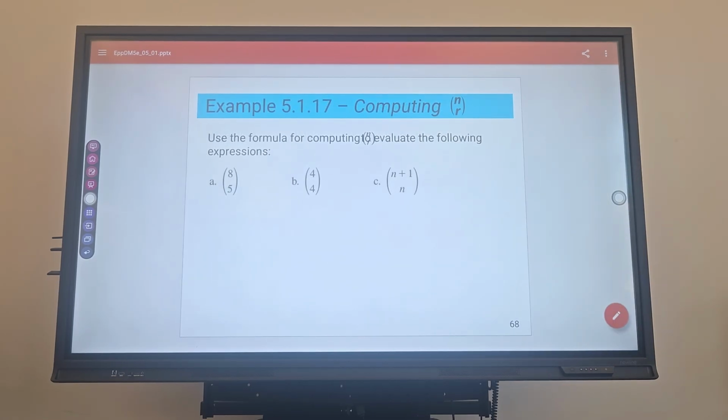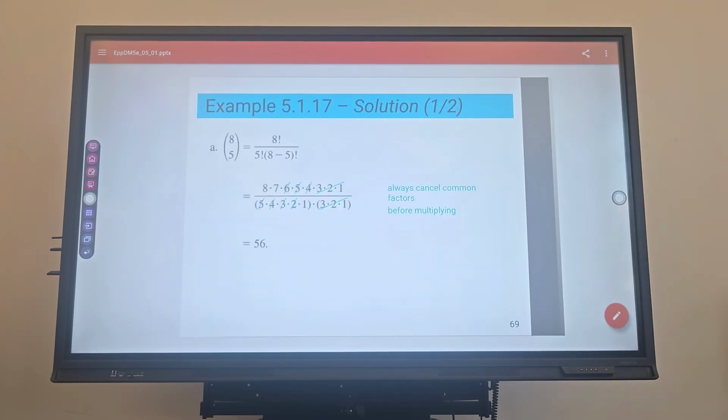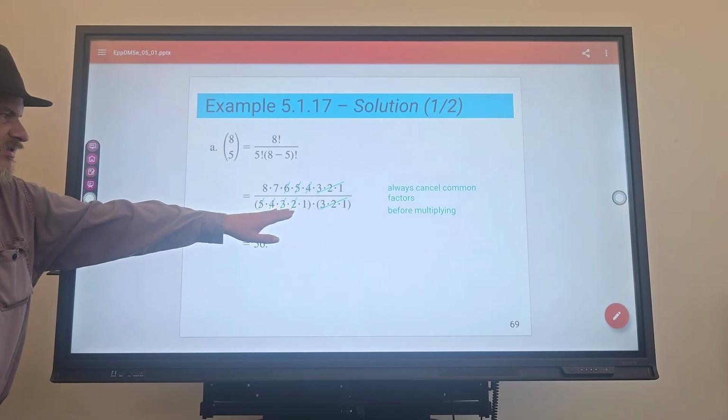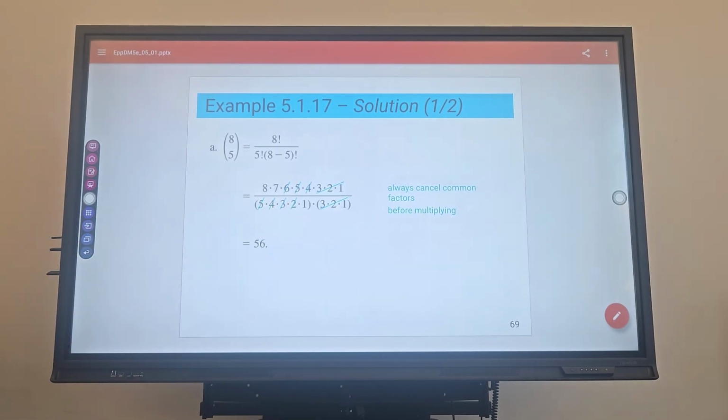Use the formula for computing n choose r to evaluate the following expressions. Well, you can see that it multiplies out and cancels out all sorts of fun stuff, leaving behind 56.